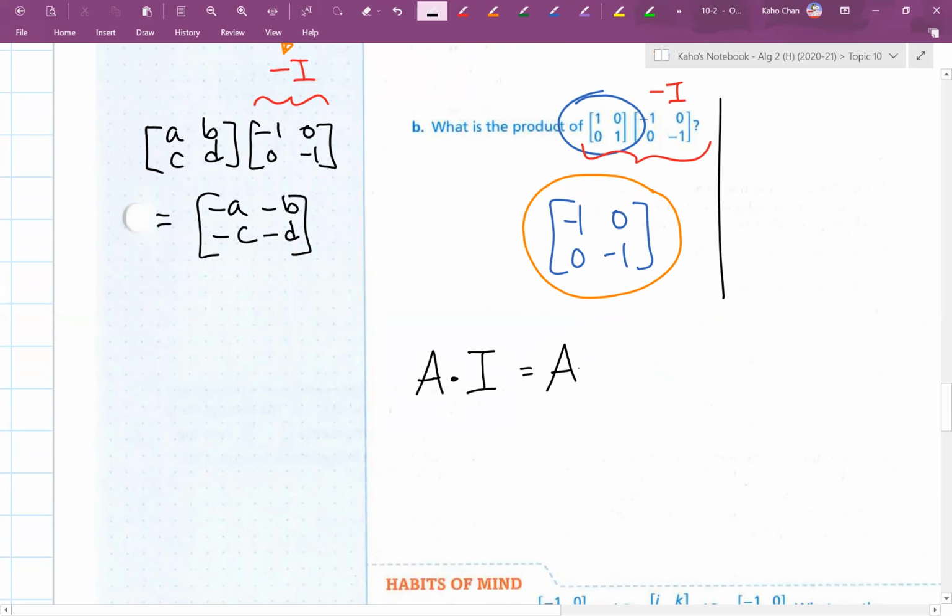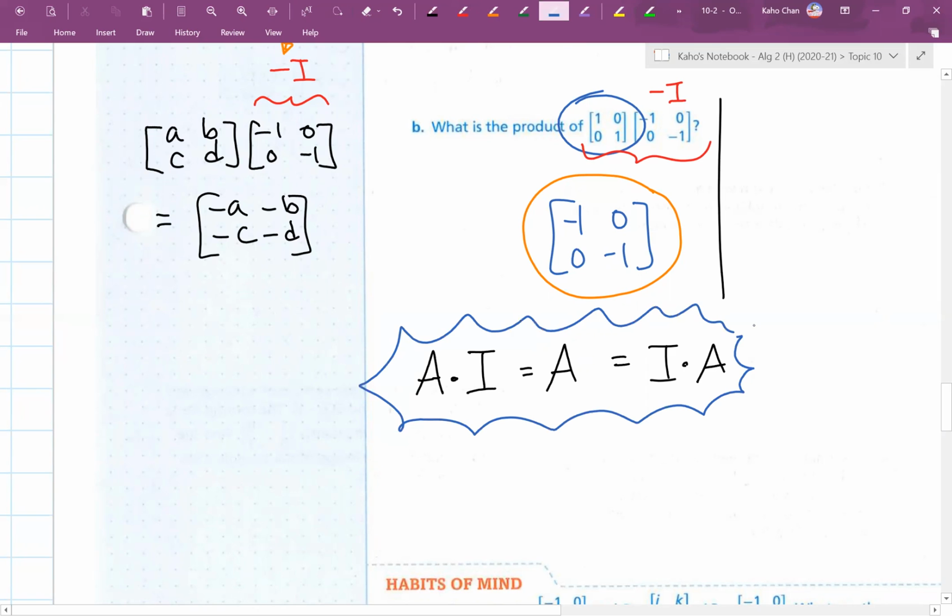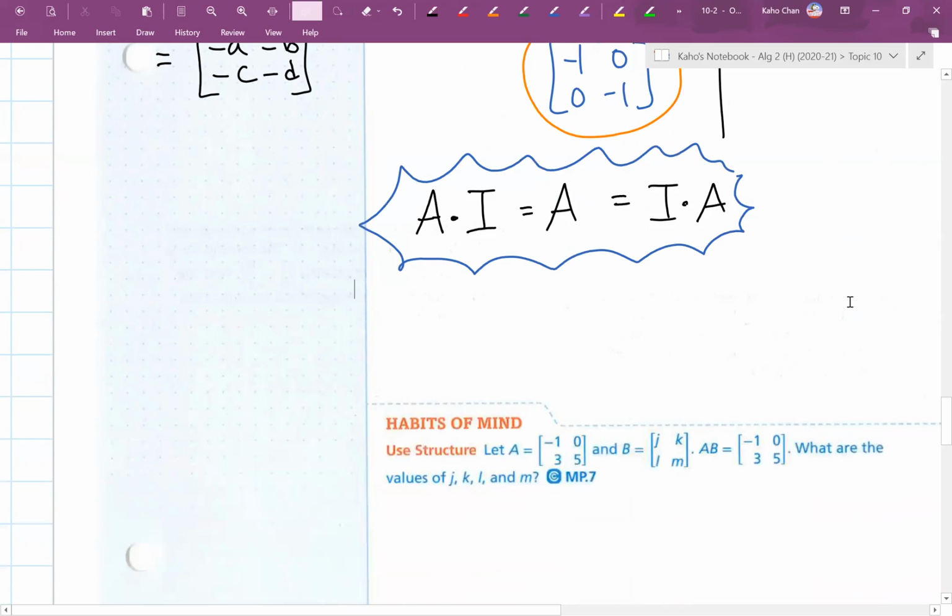But did you know order doesn't matter with the identity matrix? It'll be the same if you do it the other way, if you put the 1, 0, 0, 1 in the front. So this is allowed in matrix multiplication, multiplying by its identity both ways. Okay.